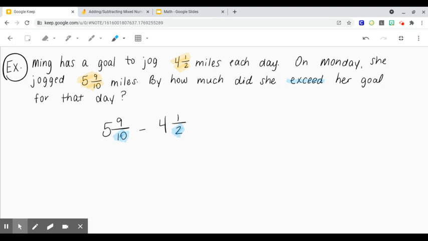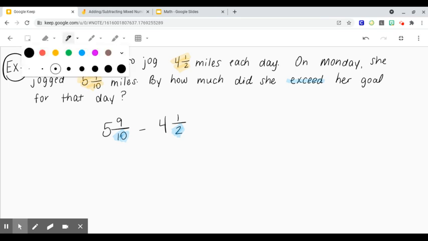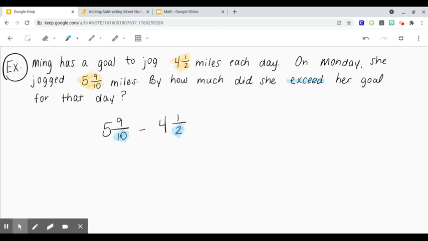That's going to make our subtracting so much easier. The first step is to make equivalent fractions, and how we do that is we look at the denominators we have. We have 10 and 2. I need to figure out what is the least common multiple.